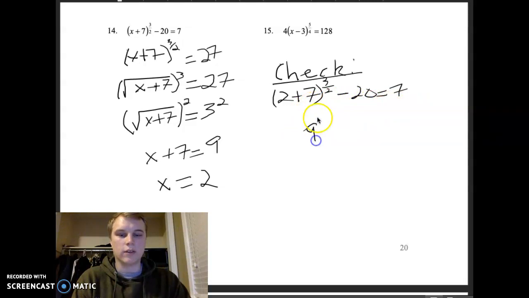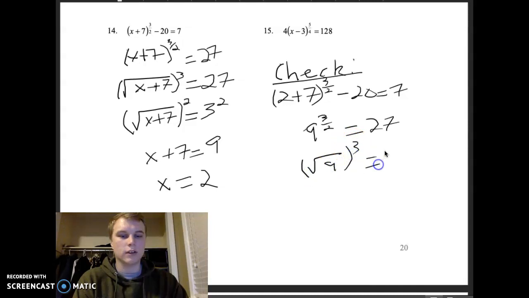So you're left with 9 to the 3/2 equals 27. Then what you can do from here is rewrite this again. So you have the square root of 9 cubed equals 27. Then we'll do the cubed root on both sides. We're left with the square root of 9 equals 3.